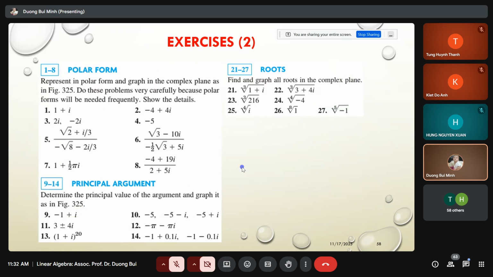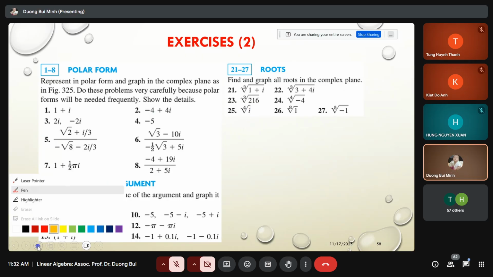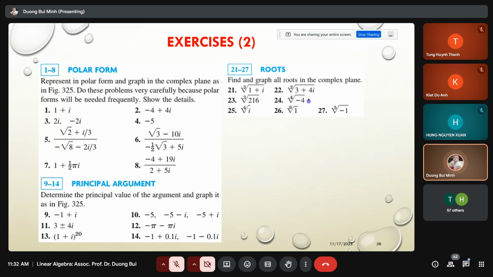For example, for exercise, I would like to calculate the fourth root of -4. So -4 means 4 goes side by, right?